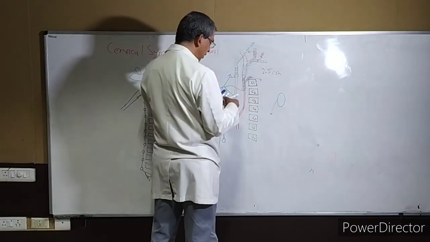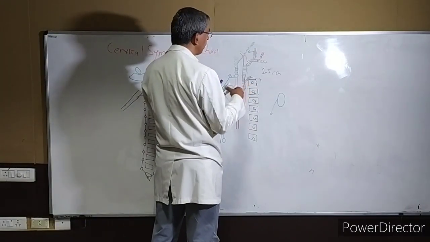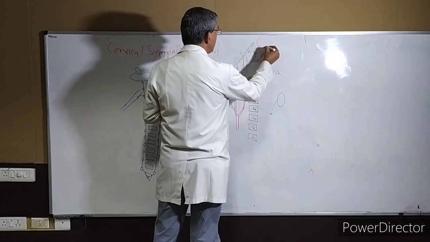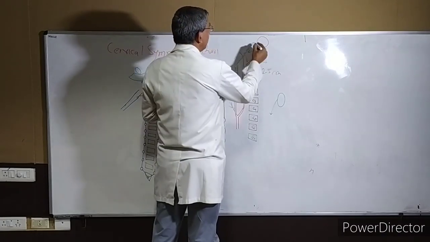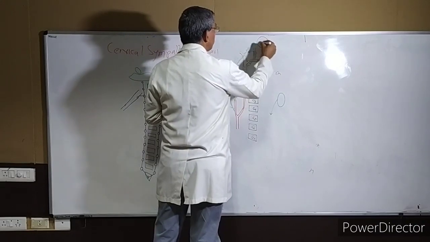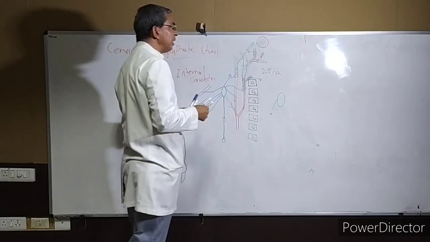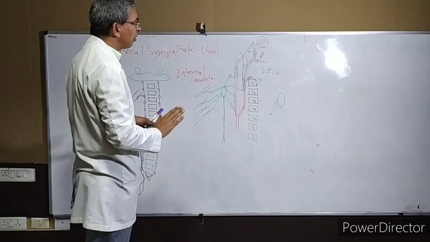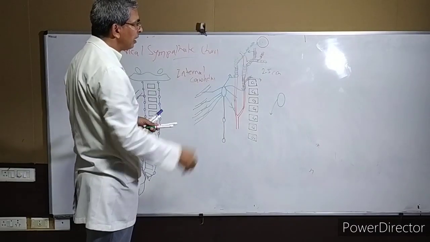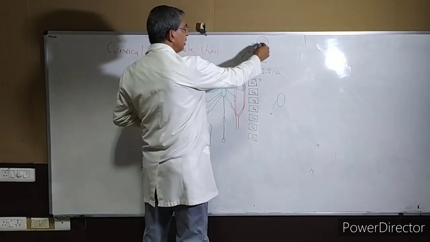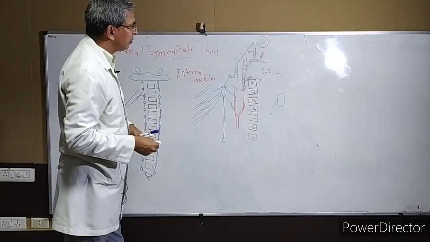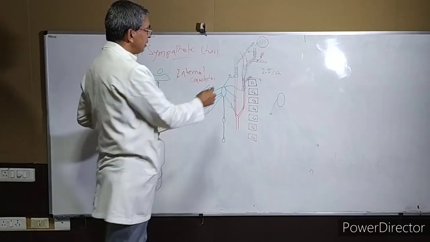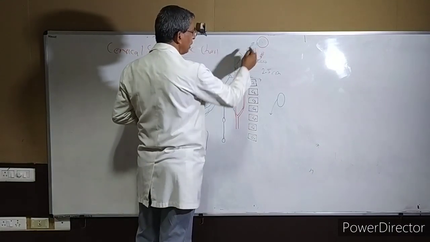In the middle ear cavity, it forms the plexus along the glossopharyngeal nerve on the medial wall, around the promontory of the ear, and from the sympathetic plexus the nerves come out and supply the glands inside the mucous membrane of the middle ear cavity. Clear? So these are the caroticotympanic branches.